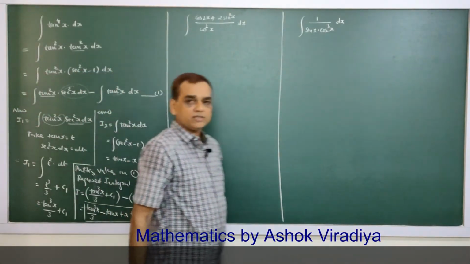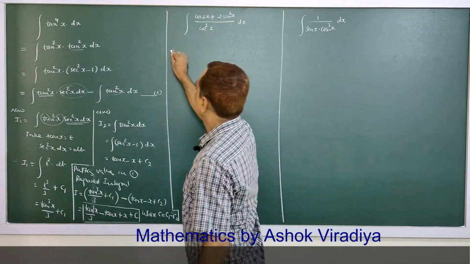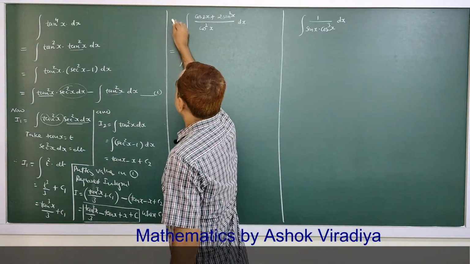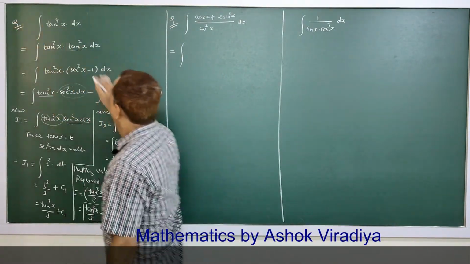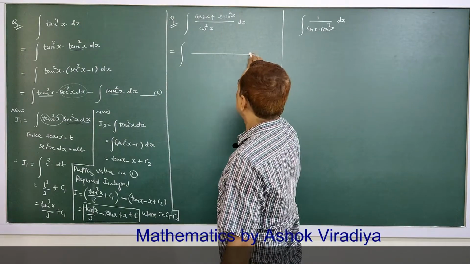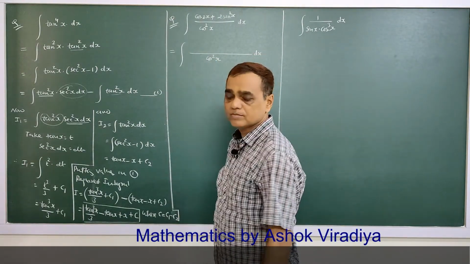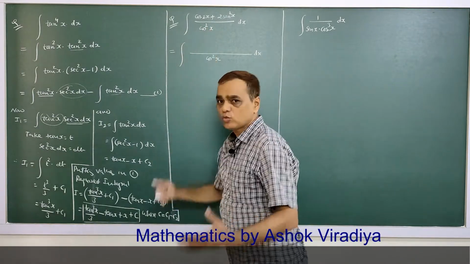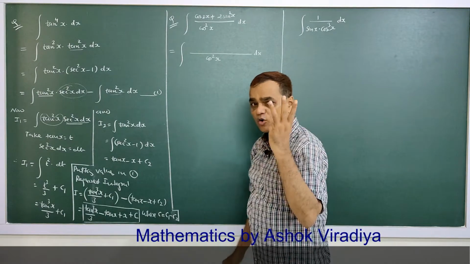In this question, say this is cos square x in denominator, this is cos 2x. We have three forms for cos 2x.